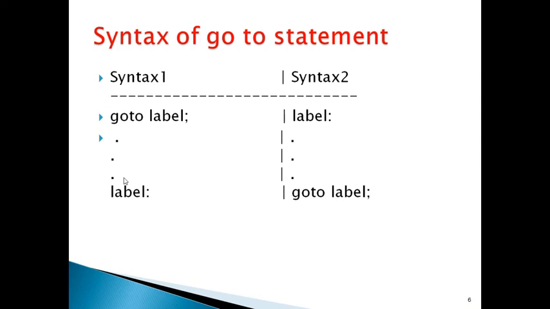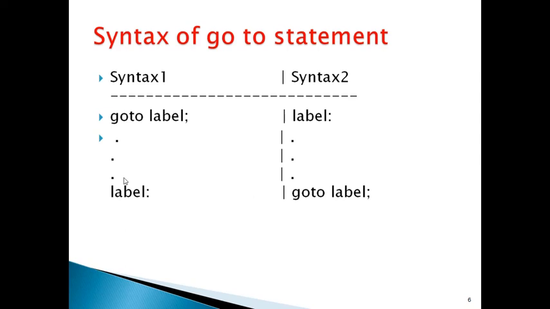Syntax 1, once again: goto label semicolon. These dotted lines indicate some instructions of a program. After those instructions, label colon is there, followed by some instructions. Whenever the compiler executes the goto label instruction, the control jumps directly to the label and executes the instructions under the label.